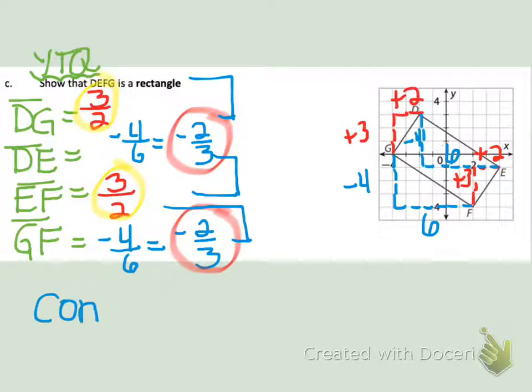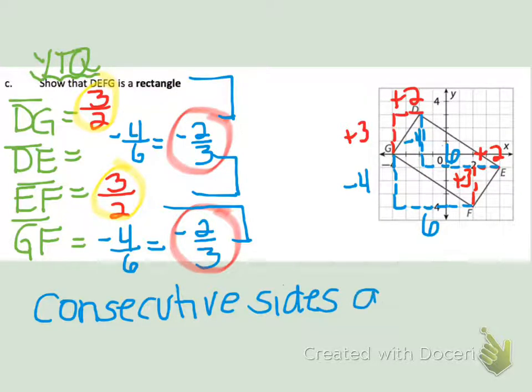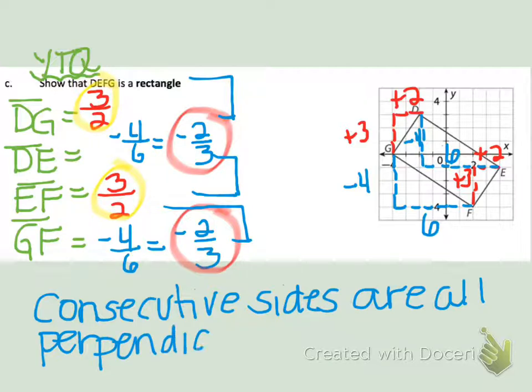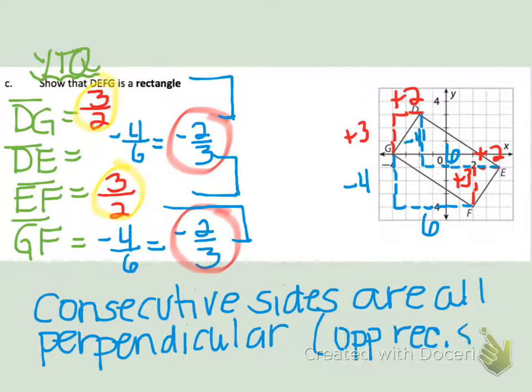So you could say something like this: consecutive, which means next to, sides are all perpendicular, and the reason why is because they have opposite reciprocal slopes.